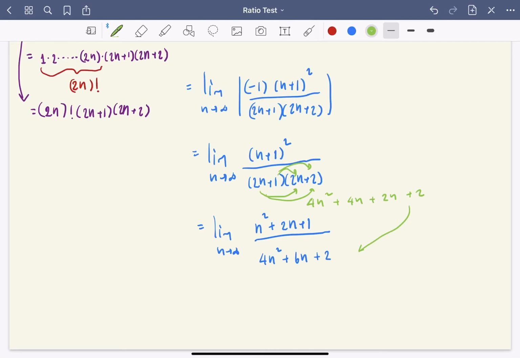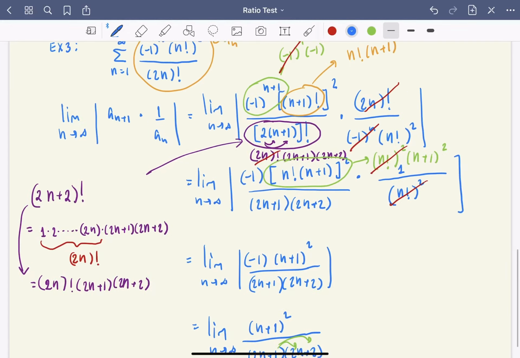Alright, so for the limit, the shortcut is like this. Compare numerator and denominator. Since the degree is the same, we just take the leading coefficient divided by the leading coefficient. That's why the limit is equal to 1 over 4, which is less than 1.